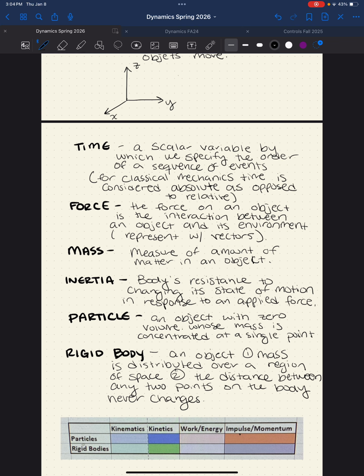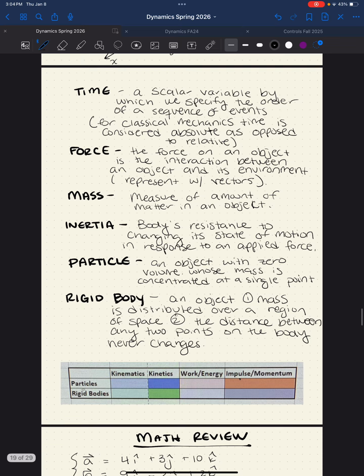And that's how we know that Play-Doh is a deformable body, because the distance between those 2 points changed. And we don't know how to deal with those types of bodies in this class. We will not be covering that information. We will only be dealing with rigid bodies.